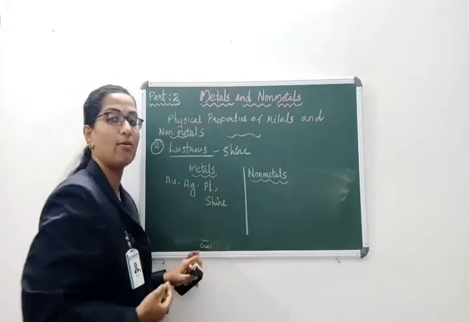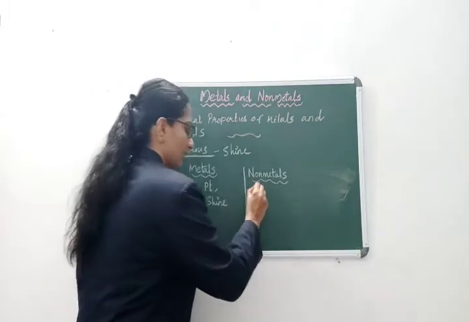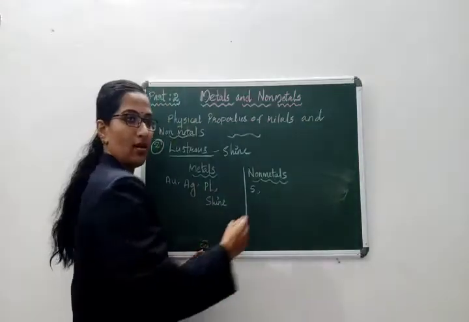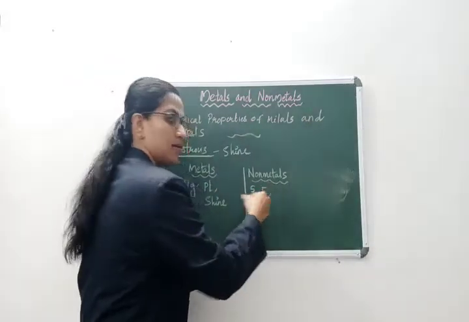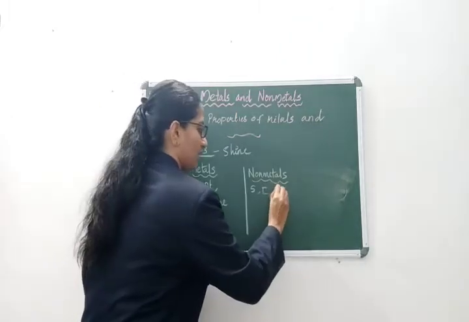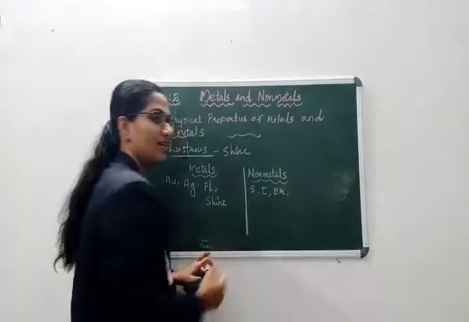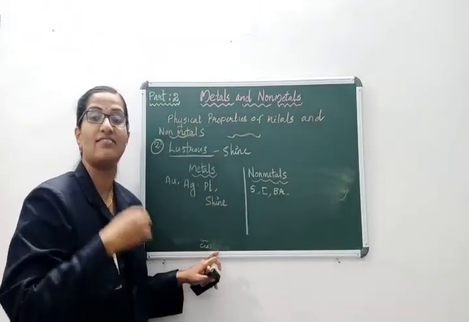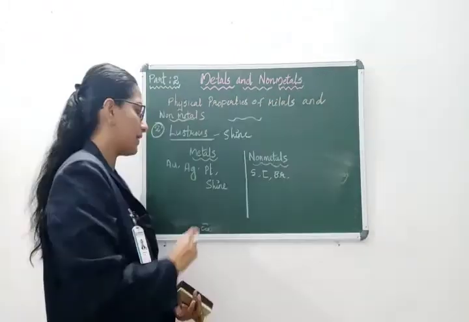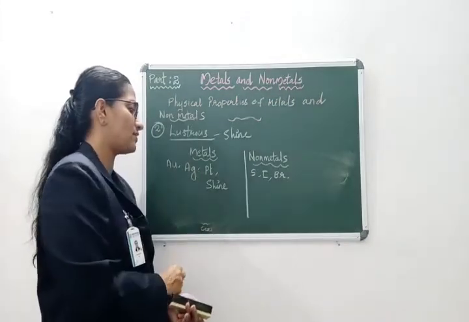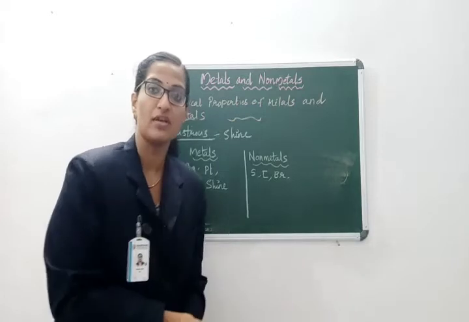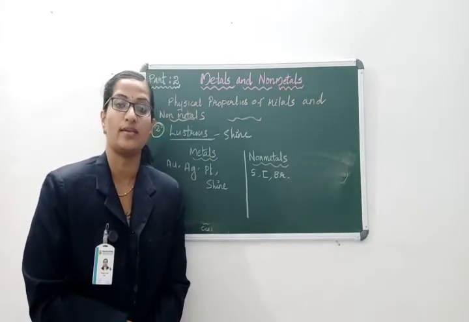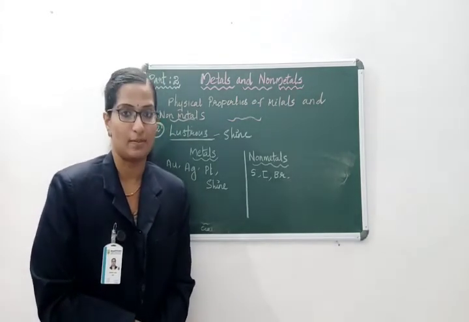And when we talk about non-metals such as sulfur or iodine or bromine, they do not shine. But metals like gold, silver, platinum, etc., they are shining.